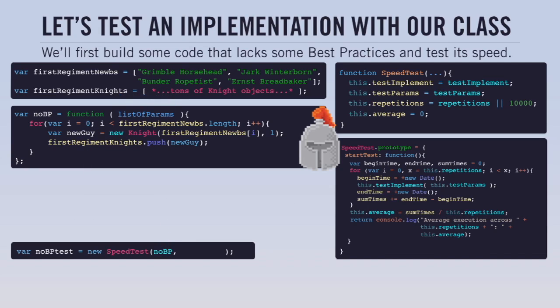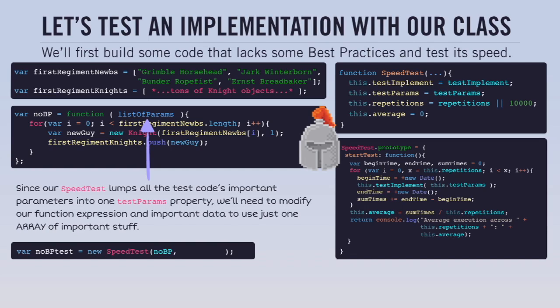Now, since our speed test constructor lumps all of our test code's important parameters into one test params property, we need to modify our function in order to be able to use just one array of important stuff. So we've got here inside of our anonymous function a parameter called the list of params, just one parameter array.